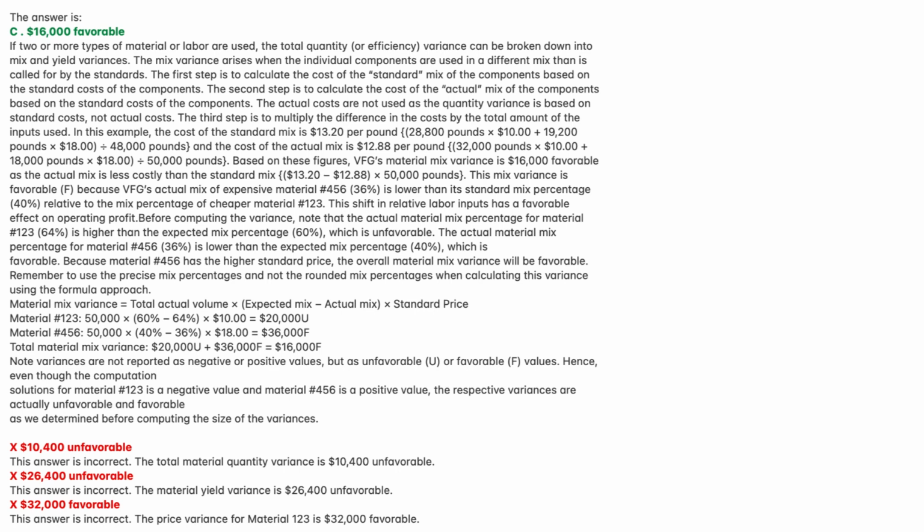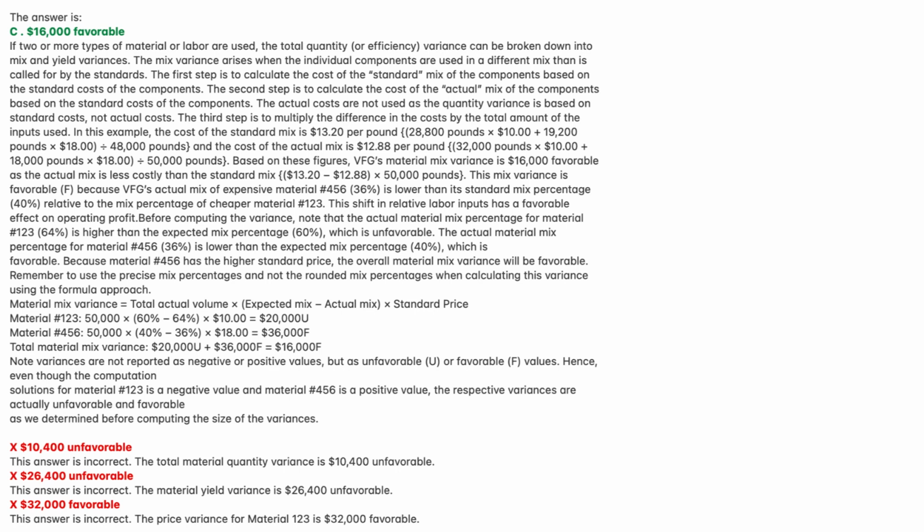This mix variance is favorable, F, because VFG's actual mix of expensive material number 456, 36%, is lower than its standard mix percentage, 40%, relative to the mix percentage of cheaper material number 123. This shift in relative material inputs has a favorable effect on operating profit.